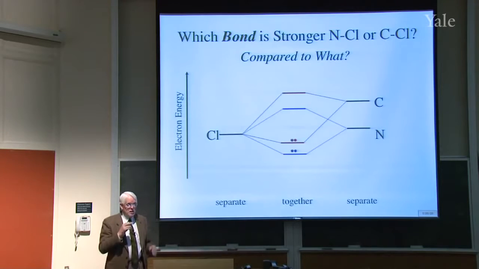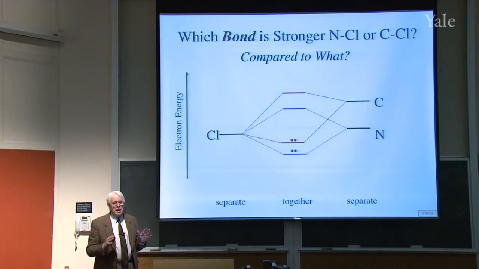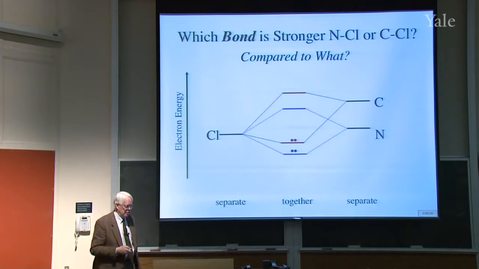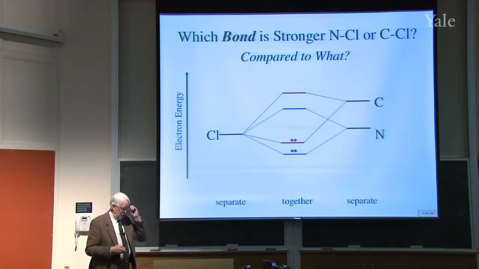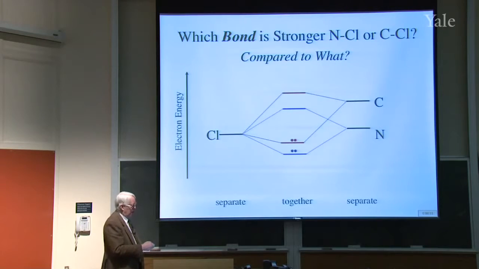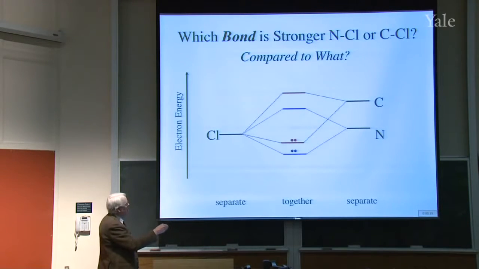Now, we've seen that we can understand that in terms of the energies of orbitals, the concept that was involved there. We start with a bond either with nitrogen to chlorine, which would have its electrons there, or carbon to chlorine, which would have its electrons down there.